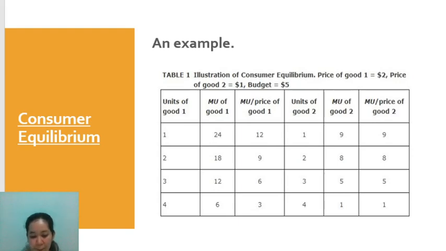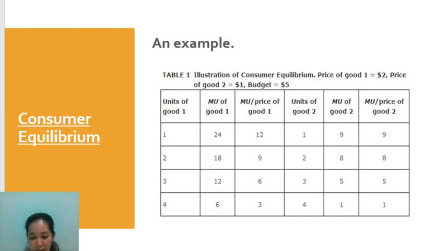The consumer's next step is to compare the marginal utility per dollar spent on the second unit of good number 1 with the marginal utility per dollar spent on the first unit of good number 2. Here the ratio is 9 under good number 1, and the ratio for good number 2 is 8.